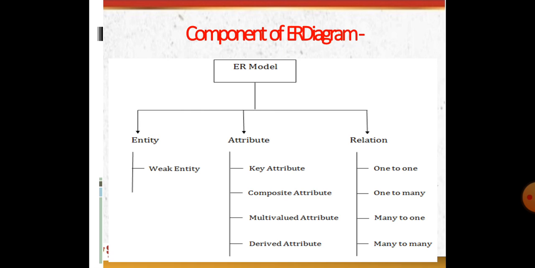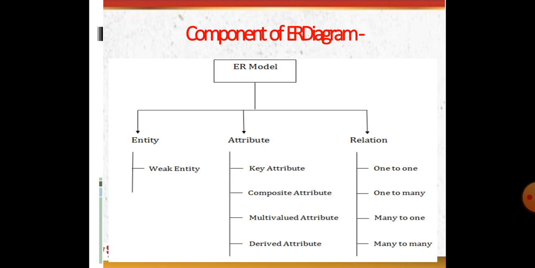There are different components of ER model. Basically, three main data elements of ER model are there. First one is entity, and these entities are further divided into two types: weak entity and strong entity. Then attribute.